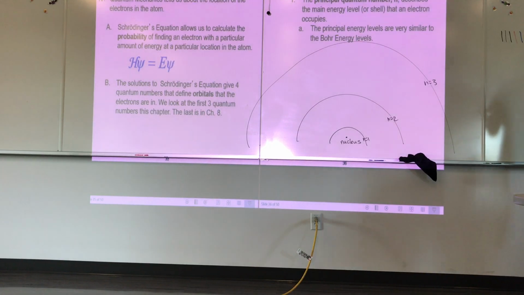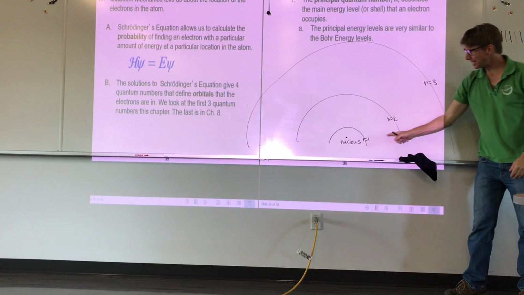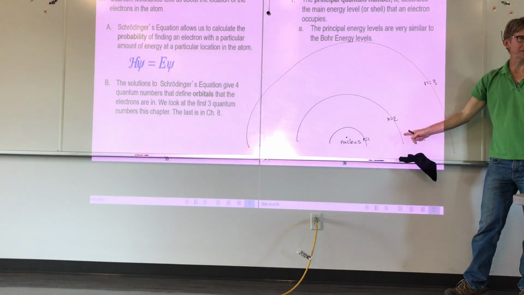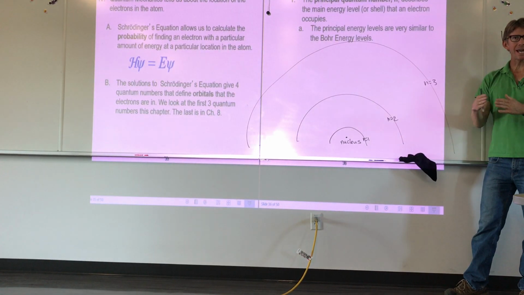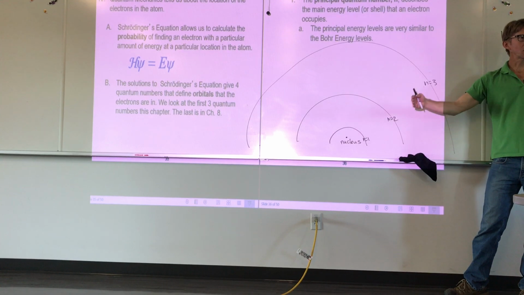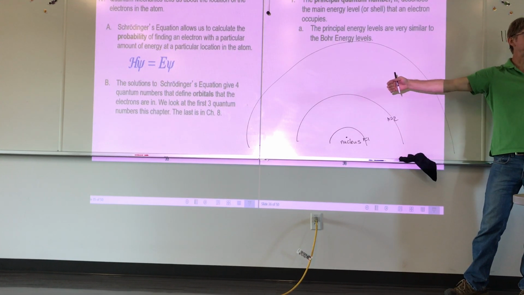And I will tell you this, we're learning a couple things. We've already talked about how as you go from n equals 1 to n equals 2 to n equals 3 to n equals 4, the energy levels get closer and closer together. That is true. However, the spacing of the actual levels themselves actually gets larger by the square of the number.